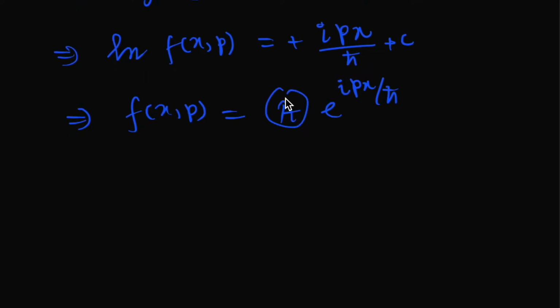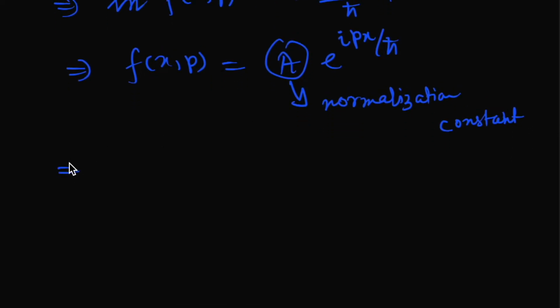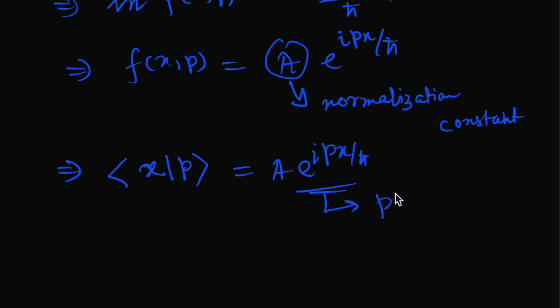Now this is some normalization constant. So this means ⟨x|p⟩, the wave function corresponding to the eigenkets of the momentum operator, is a plane wave. This is the form of a plane wave.